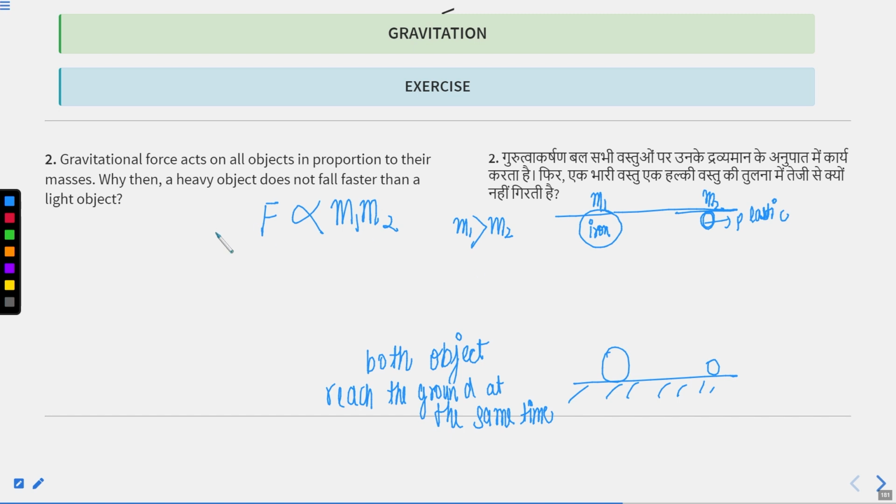As we know, the quantity responsible for these two objects reaching the ground is gravitational acceleration, and the value of gravitational acceleration is independent of the mass of the object.